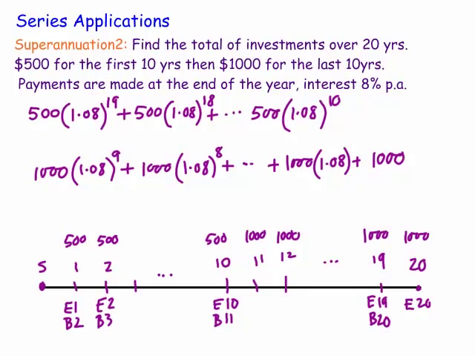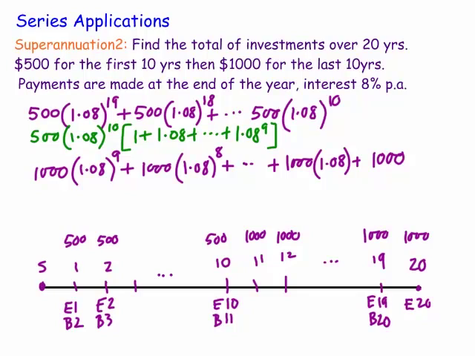There are a couple of things we can do. In the first one, you can take out 500, and then take out 1.08 to the power of 10. You can rewrite that as 1 plus 1.08 plus, and so on, plus 1.08 to the power 9.